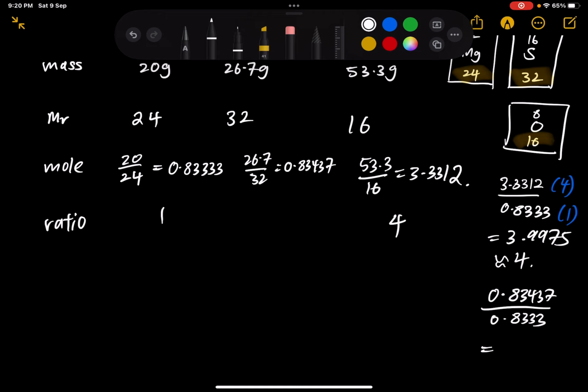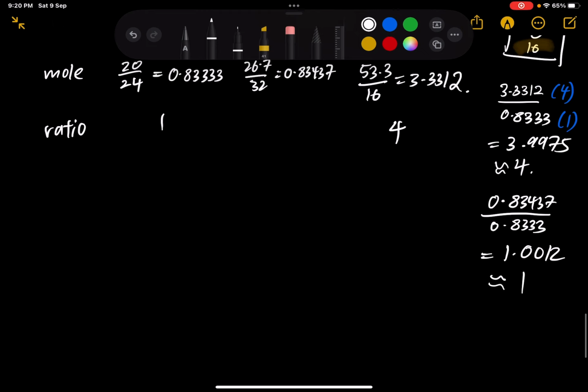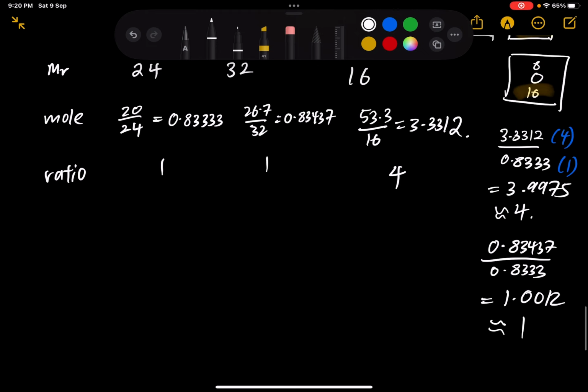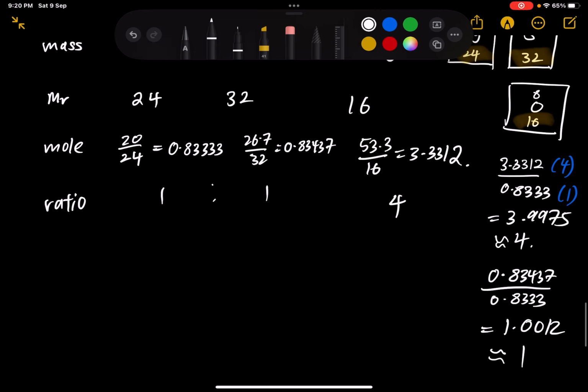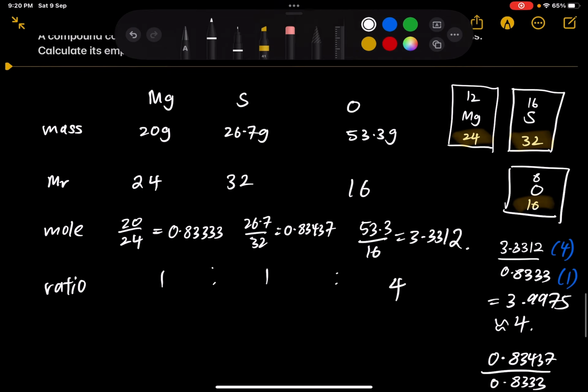Press calculator, what do you get? I got 1.0012, then it's 1. It's just 1, because if you take a look, it's the same. So this is my ratio already: 1 is to 1 is to 4.